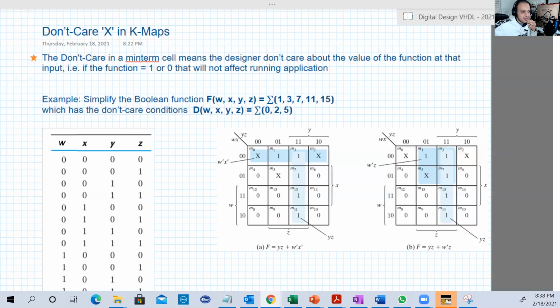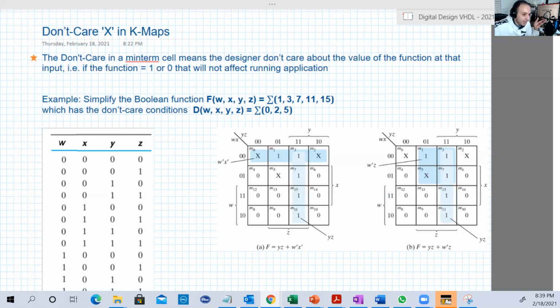In that case, you don't care about the value of the function at 1 1, because this will never happen. That's why we call it don't care: for some particular combinations of the inputs, we don't care about the value of the function.